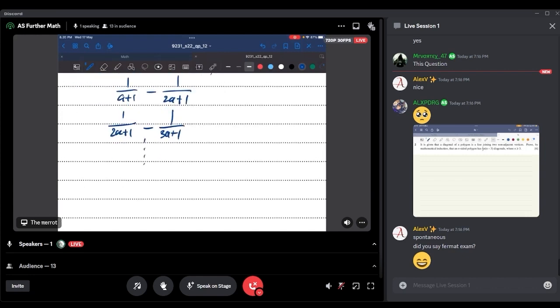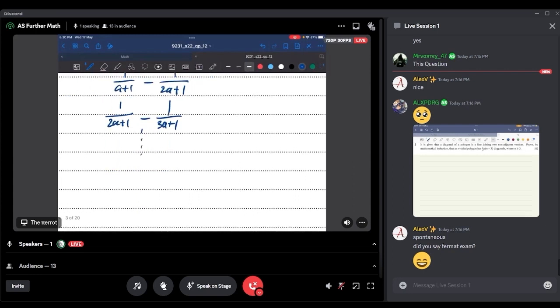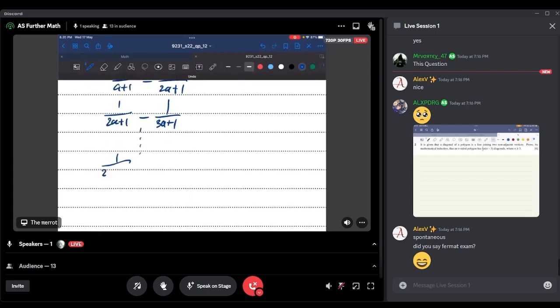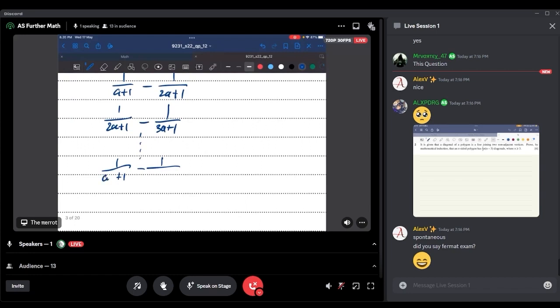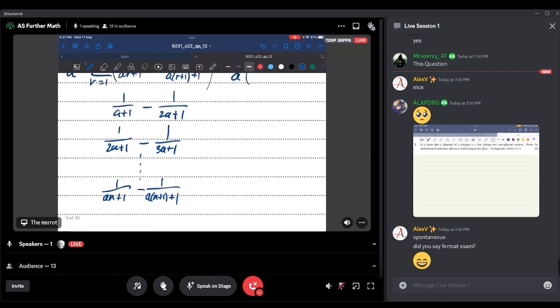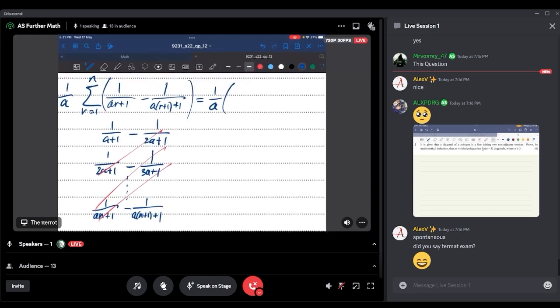And if you continue so on, you'll end up at n, right? So when r is n, you have An plus 1 minus An plus A plus 1. And of course, you can see that these cancel, and so your result is just whatever is left, basically.